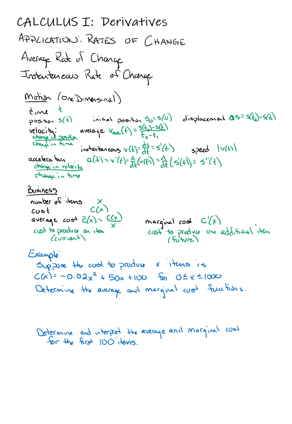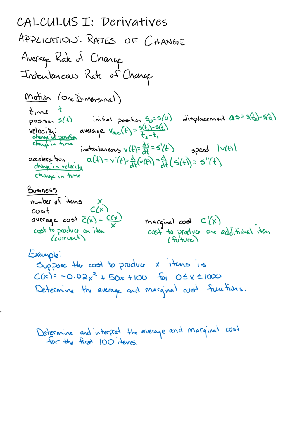Let's take a look at an example here. Suppose the cost to produce x items is given by the function c of x, which is equal to negative 1/200 x squared plus 50x plus 100, for x between 0 and 1,000 inclusively. We want to first determine the average and marginal cost functions. Okay, that's not so bad.